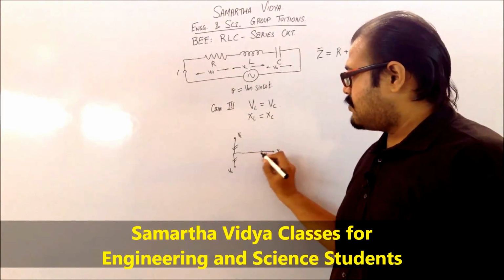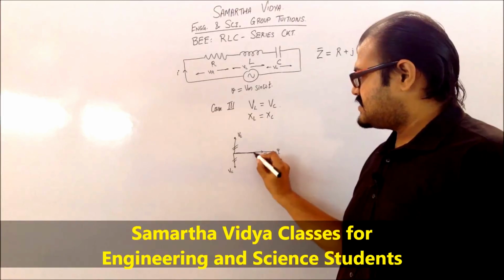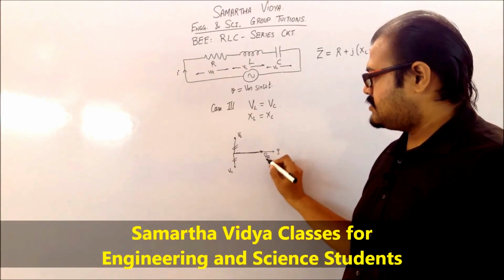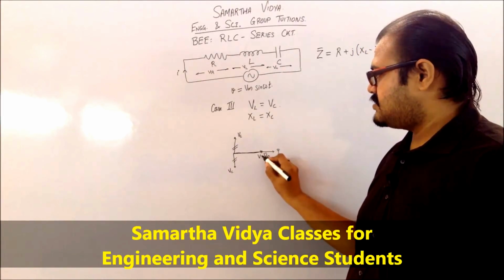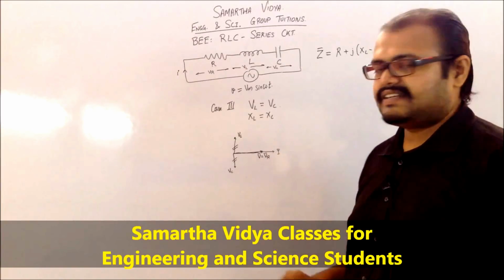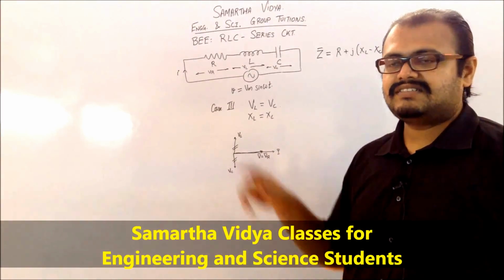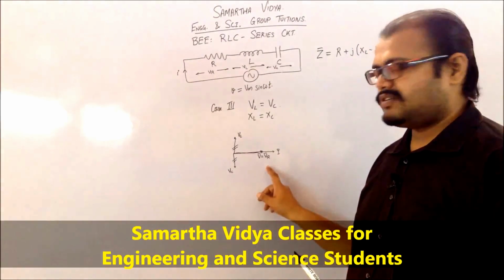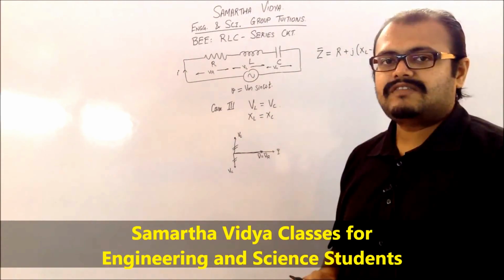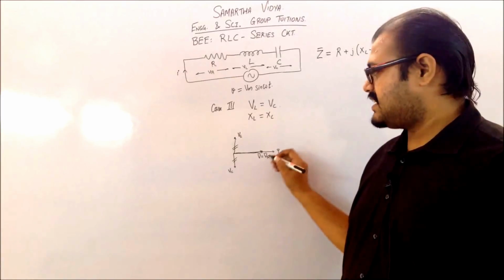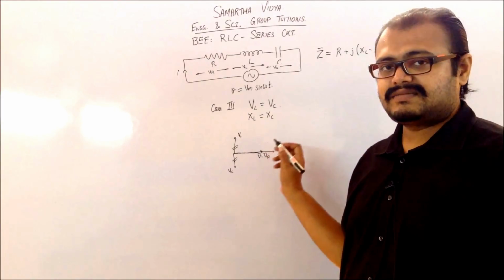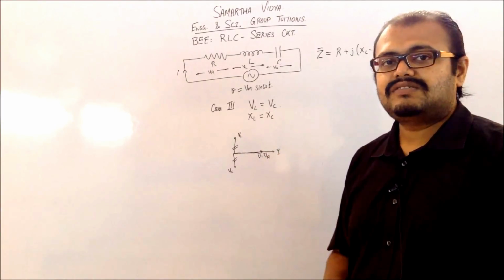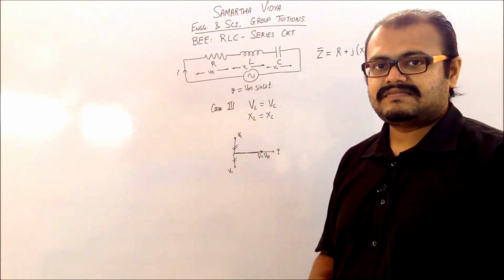So the resultant voltage will be lying on your VR only. That means that your V, the net voltage across the circuit, is going to be nothing but the voltage across the resistor. So what we are getting from this is that the voltage in this particular circuit is equal to the voltage drop across the resistor.